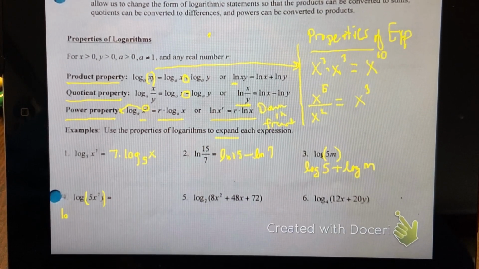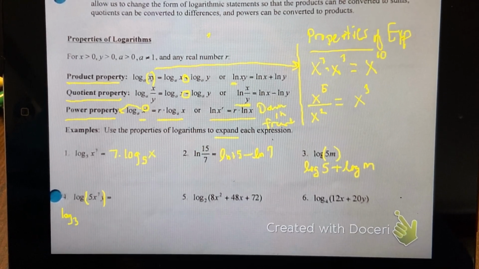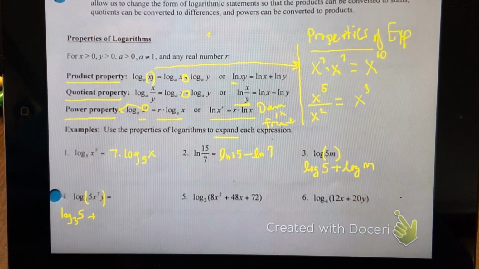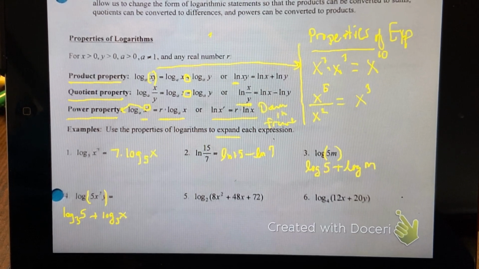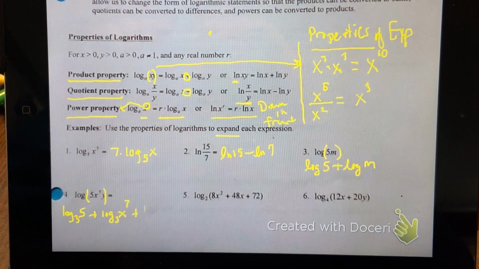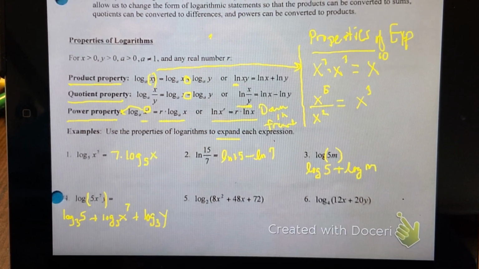And since it's multiplication, I know I'm going to add these. So it's log base 3 of 5 added to log base 3 of x to the 7th added to log base 3 of y.